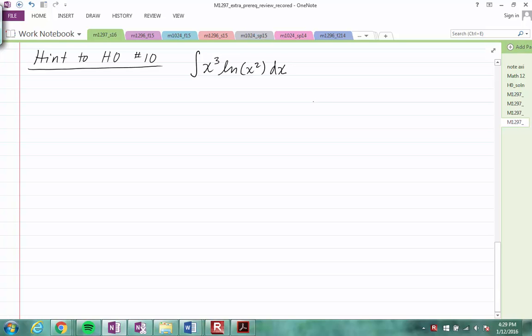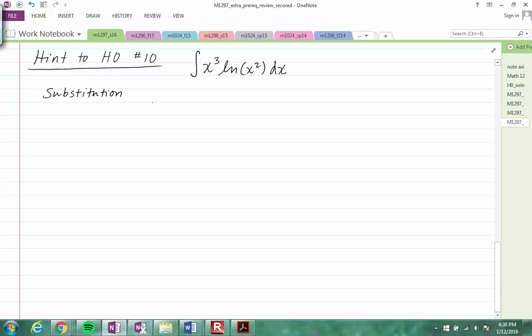Looking at this, it actually looks like number 4 in some ways. It might not look exactly like number 4, but we've got a composite function here where we have x squared inside ln, which was the scenario of the last one, number 4, because that's the last one that I talked about in recordings.